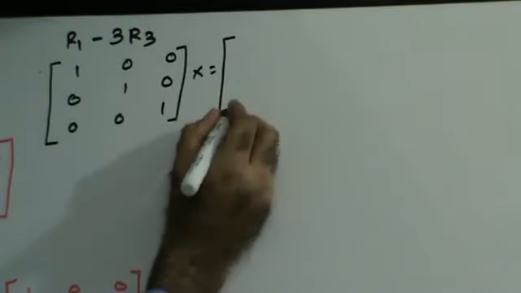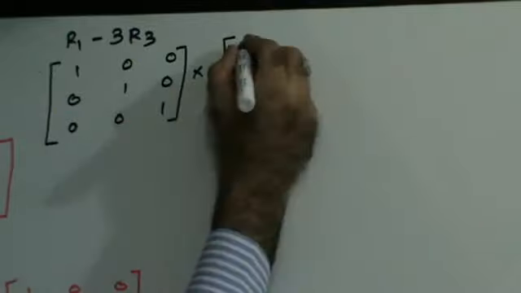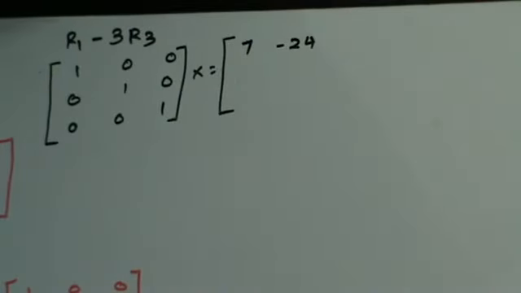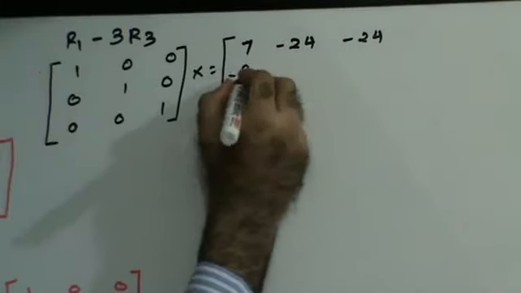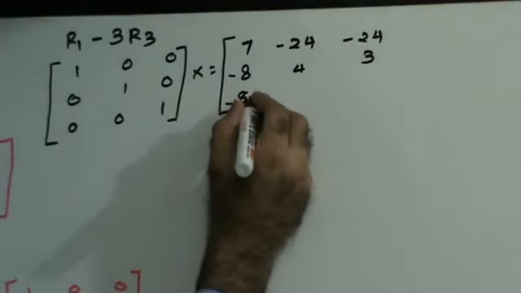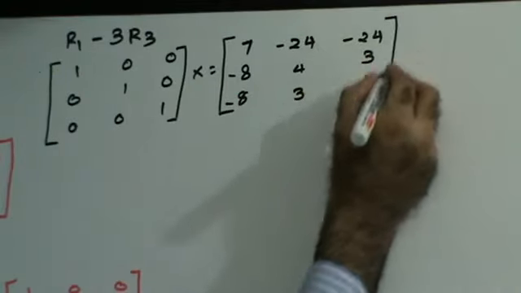Into x is 31 minus 24. So that is going to be 7 again. Now minus 15 minus 9, minus 24. Then you have minus 12 and another minus 12, so that's minus 24. This is minus 8, 4, 3, minus 8, 3, 4.